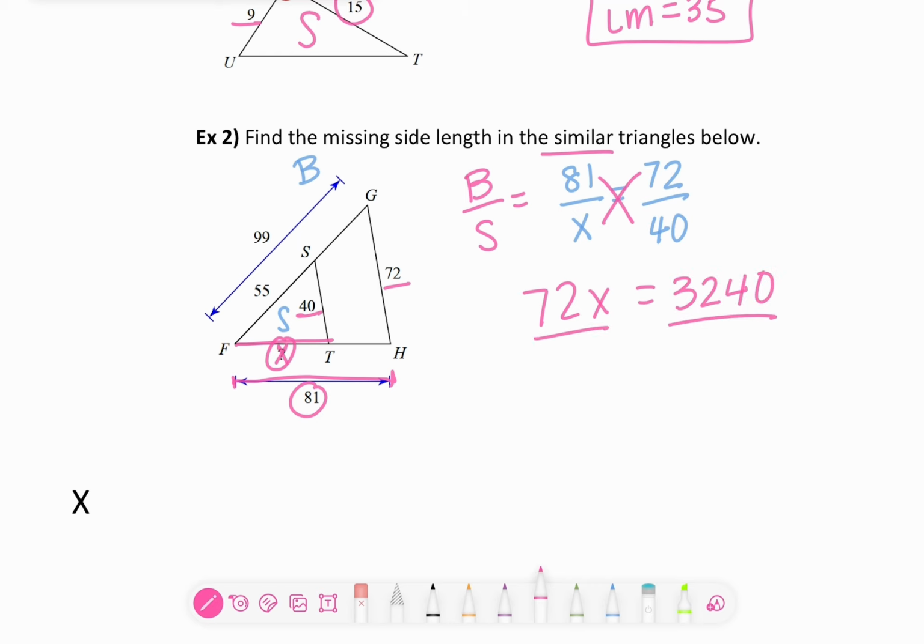Then we divide both sides by 72, and we end up with x equals 45. I am doing all this work in the calculator just to make it faster. And then it's not really x, right? That length we're looking for is FT. So we're going to write that FT equals 45.